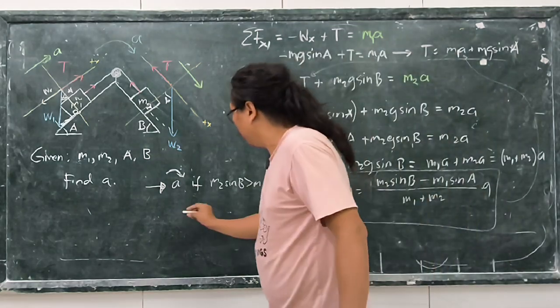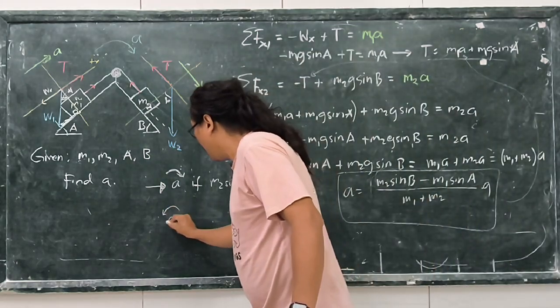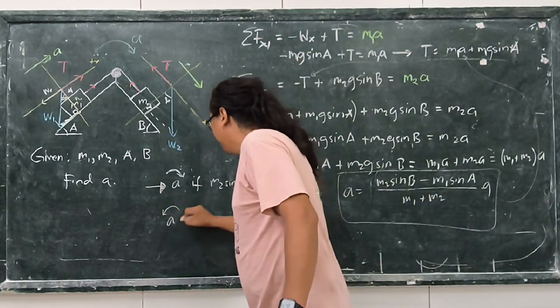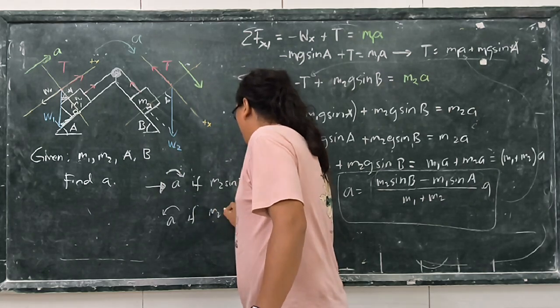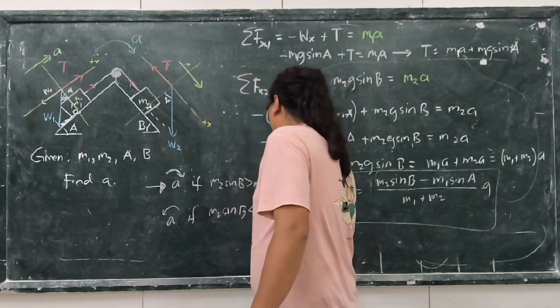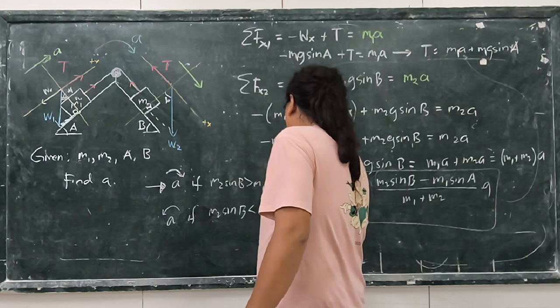How about counterclockwise a? a is counterclockwise if m2 sine B is less than m1 sine A.